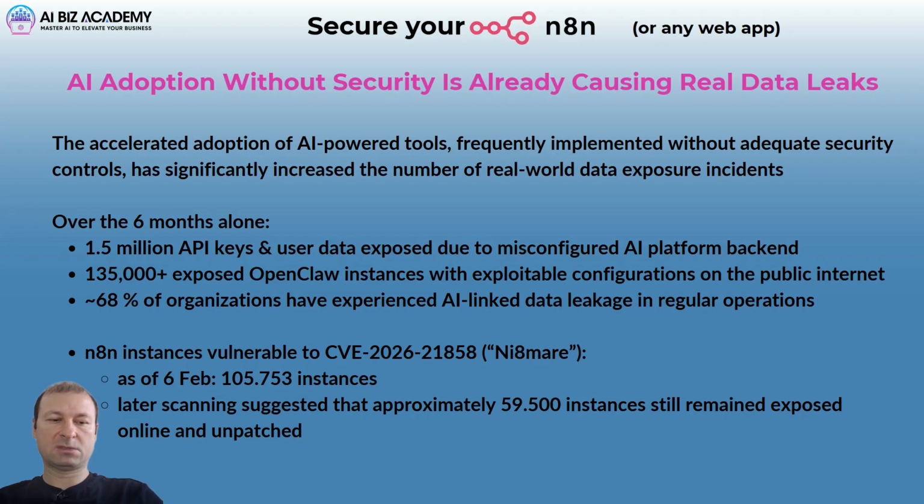So this was as of 6 February. These numbers are provided by the Shadow Server Foundation on a scan they ran on 9th of January, so not on 6th of February. So I will modify this like this. So now it's correct.